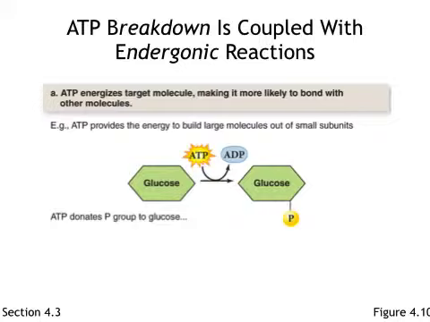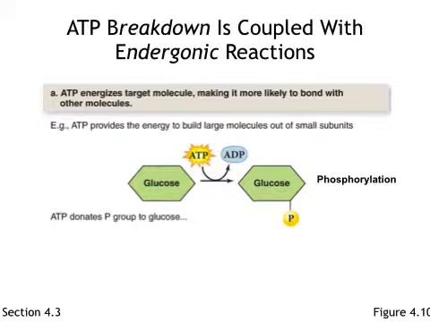Those monomers, carbohydrate monomers, glucose, when they come together to form a polymer, they're coming together by ATP. So there you can see that ATP donates a phosphate group, a P group, to glucose.